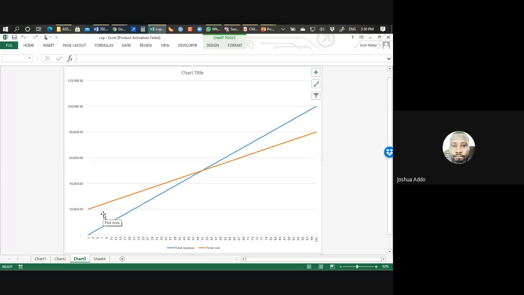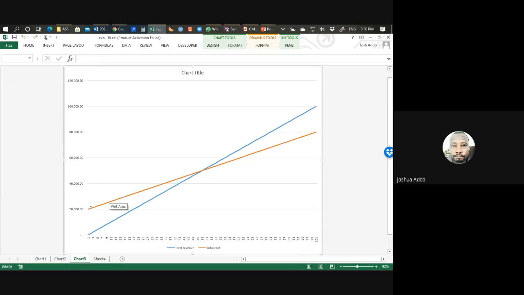And from your economic studies, that tells you that total revenue is smaller than total cost. Or if you want to speak it in the reverse way, total cost is bigger than total revenue. If total cost, which is represented by the orange line, is bigger than total revenue, then you are making a loss. Your cost is bigger than your revenue.